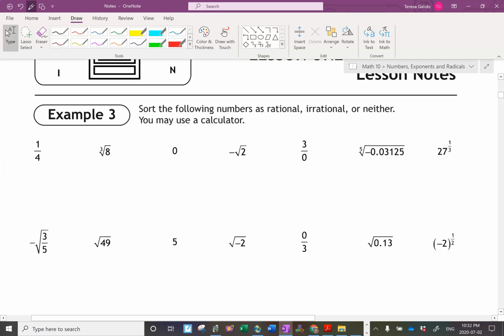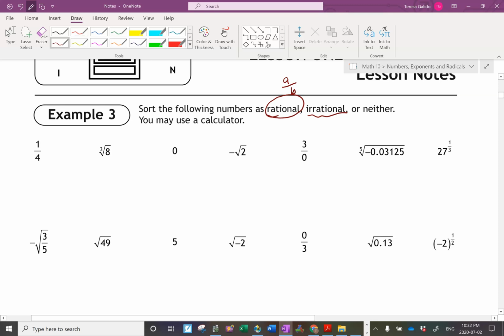Let's have a few examples for example 3. You may use a calculator for this. So anytime a number is an expression in the form a over b, or can be written as a over b, then it's a rational number. Anytime it doesn't end and continues without repeating, or it's a square root or a cube root of a non-perfect number, then we say it's an irrational number.